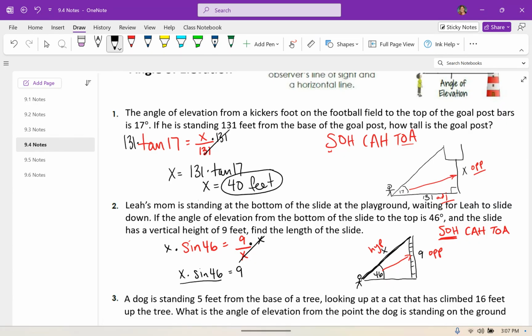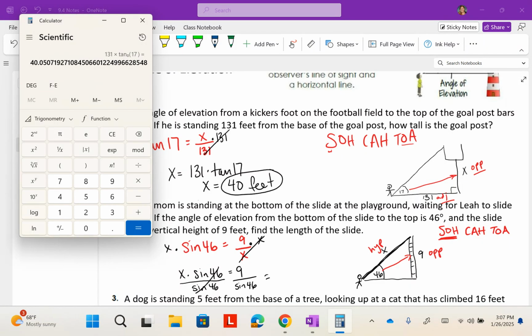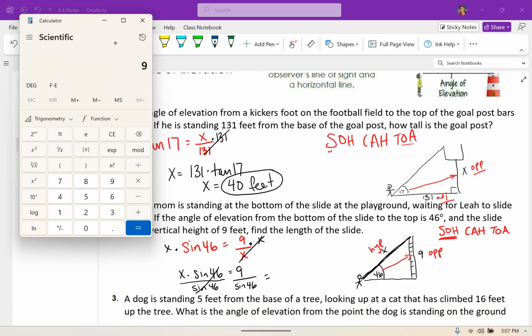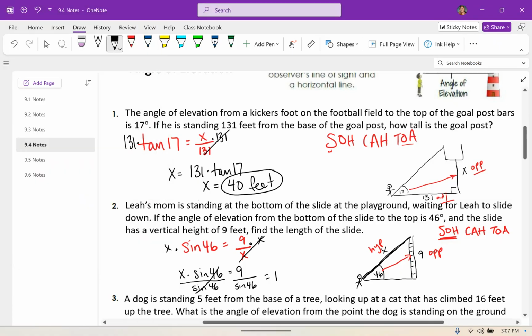And to get rid of multiplication, we divide by the sine of 46 on both sides. So x equals 9 divided by sine of 46. So let's plug that into the calculator. 9 divided by 46 sine equals 12.5-ish. So about 12.5. And it is feet again.